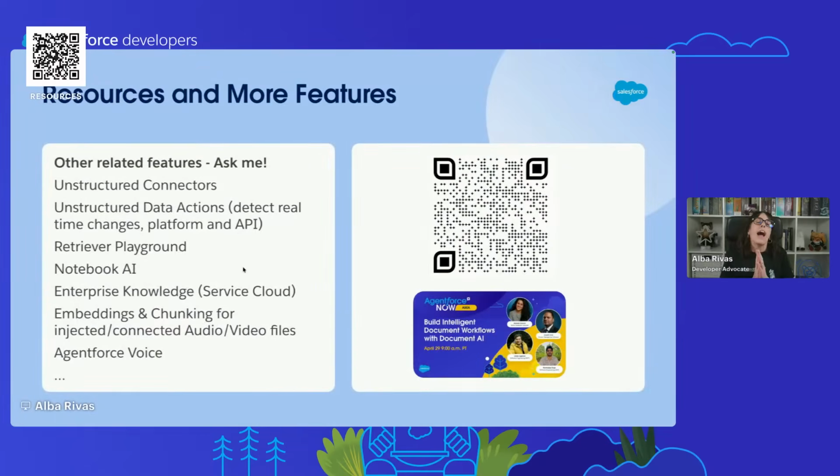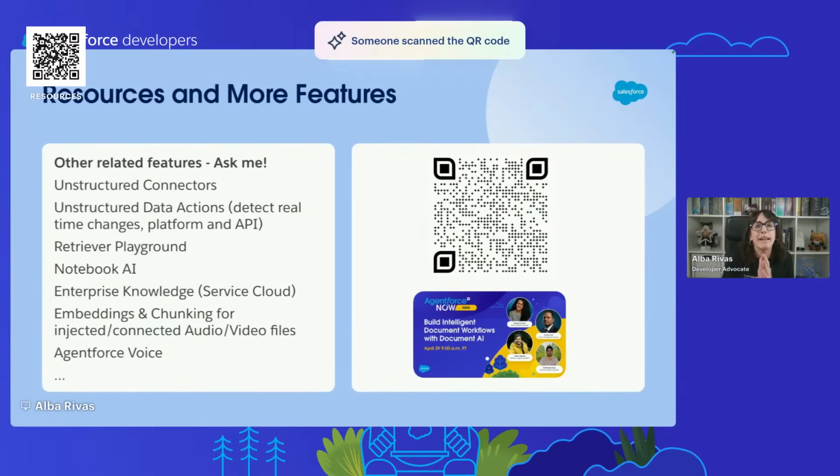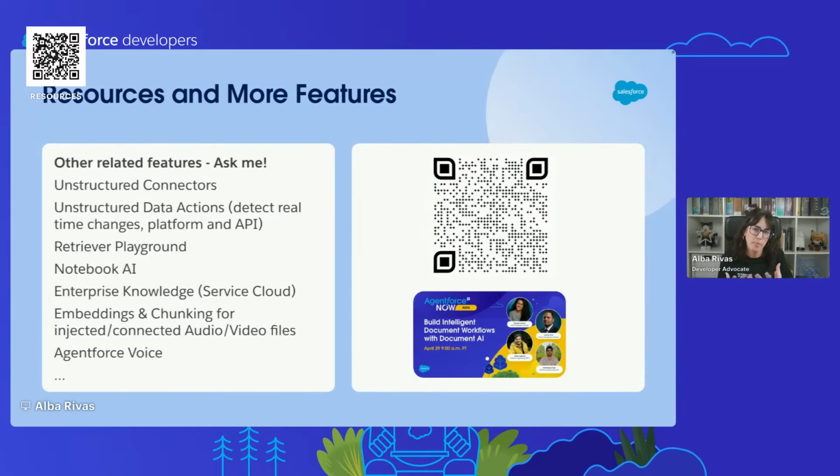And the title of my talk was Unlock Unstructured Data, but I just barely scratched the surface. There are many, many more features that help you make the most of your unstructured data in Data 360 that I didn't cover today because I don't have time for everything, but we have unstructured connectors, unstructured data actions, a retriever playground, right? To test your retrievers.